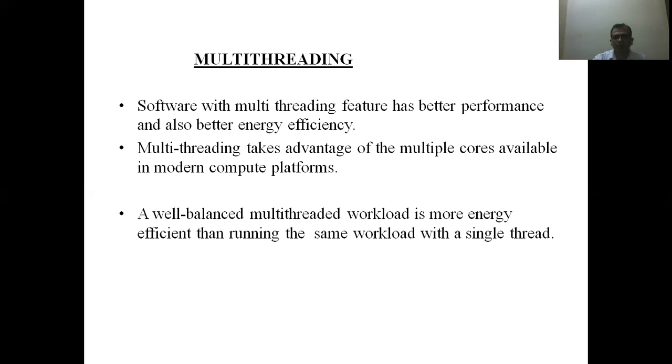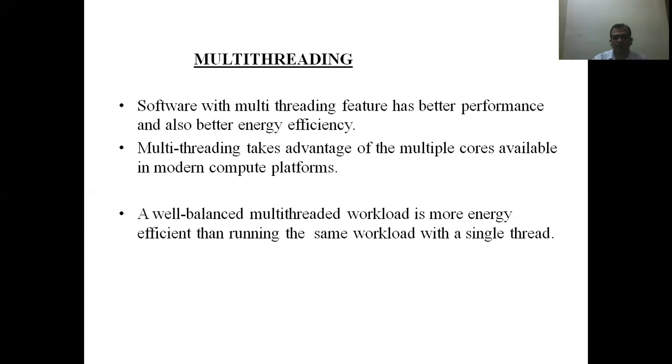Multi-threading. Software with multi-threading features has better performance and also better energy efficiency. Multi-threading means more than one task at a time, so the working of the computer will be faster. Multi-threading takes advantage of multiple cores available in the modern compute platform.